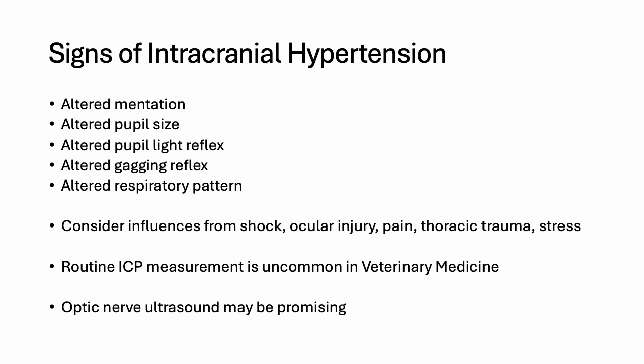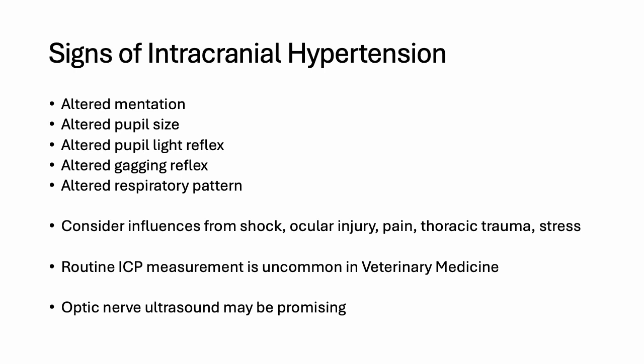It's obviously not common to measure the ICP. As far as I know, nobody does this other than for research. I don't know anyone who does this for clinical patients, that I have ever heard of. But nowadays, people like to use ultrasound on everything.